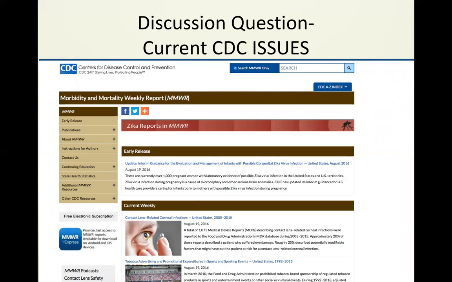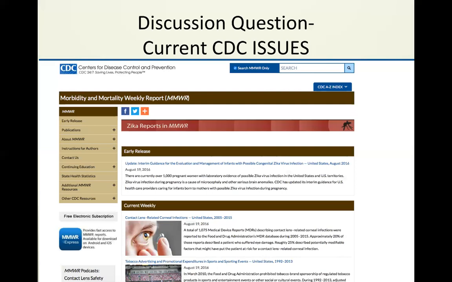The Morbidity and Mortality Weekly Report is put out every week by the Center for Disease Control to the entire public health community and to doctors so they can see what diseases are in outbreak and what diseases they need to keep an eye open for. This report, MMWR, is where the first case of AIDS was reported.